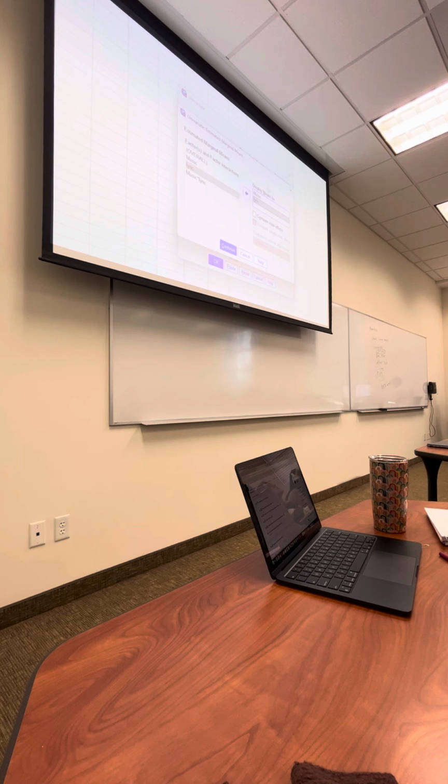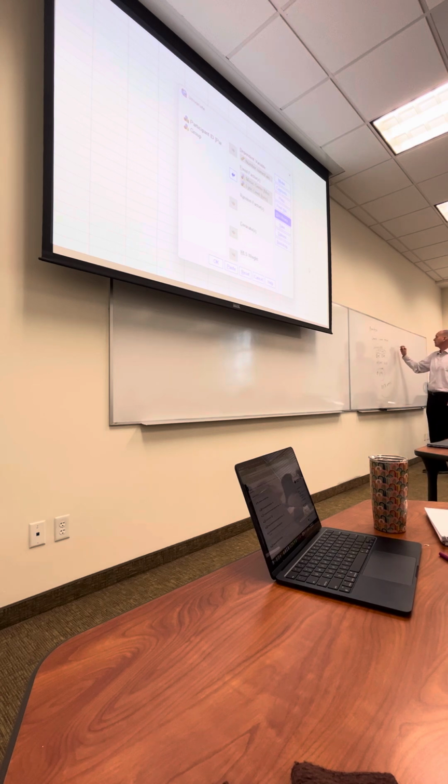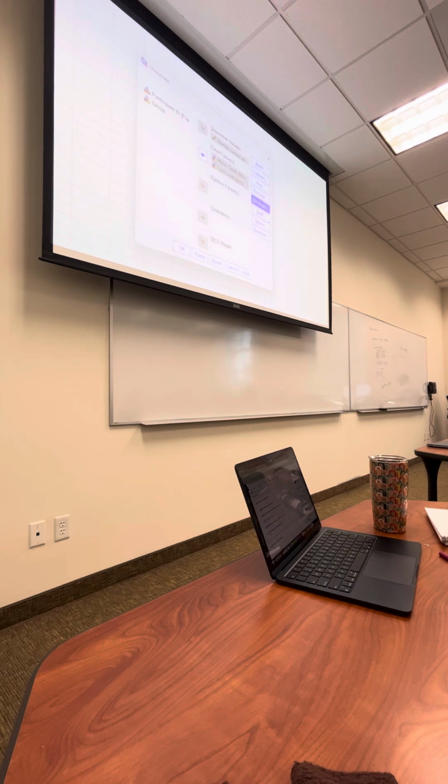So what is this called? It's called EM means. EM means. And again, you can work with other people on this. I want the means for main effect 1.